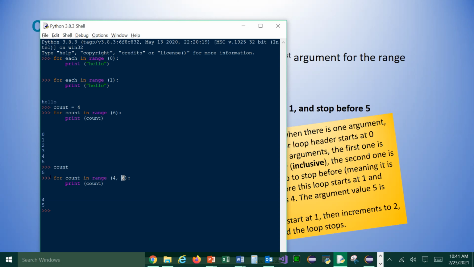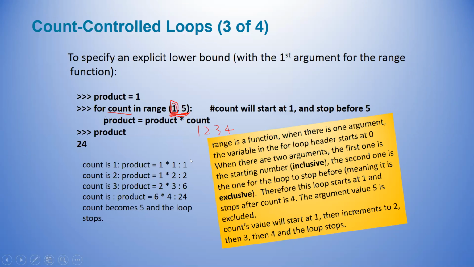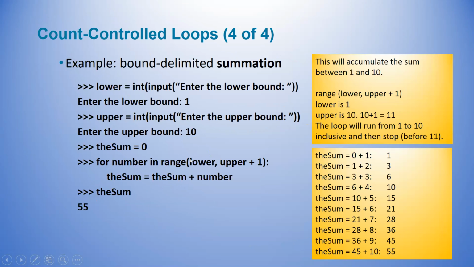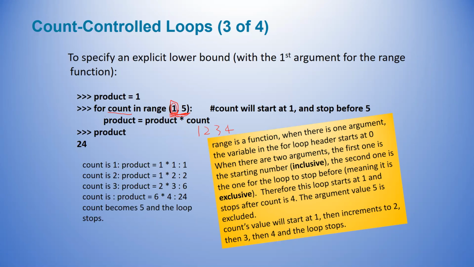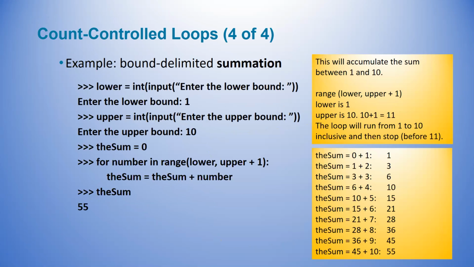Look at this example I just did. You can start at 4 and then it ends at 6, right? Okay, that's that. And this one, let's look at this one. Okay, everybody.